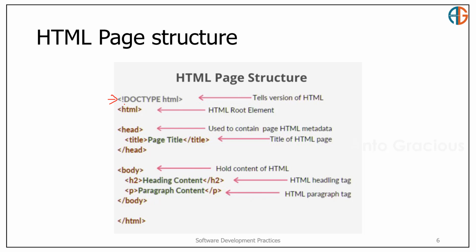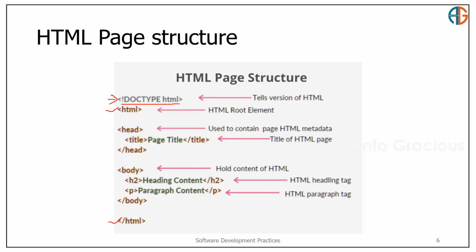So this specifies that we are going to use the HTML5 version in our document. And html is the root element. So we are telling the browser that we are going to create an HTML page, and this is the area where we will be including the contents and design.